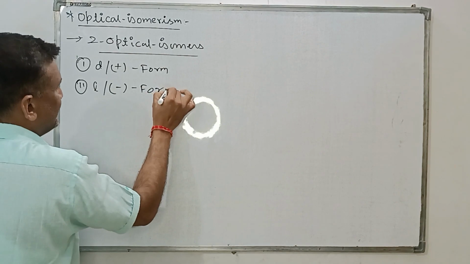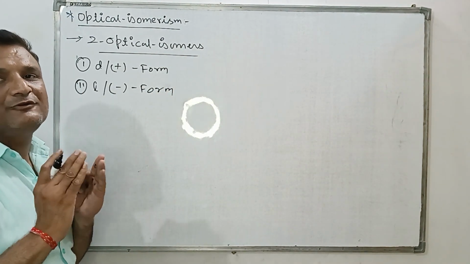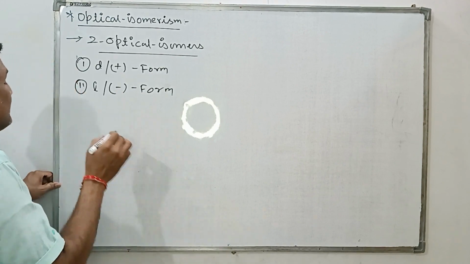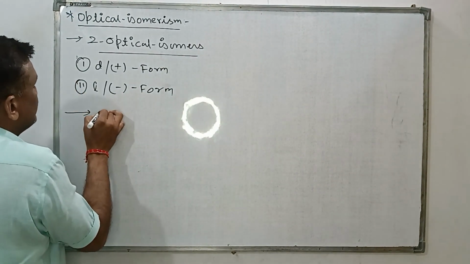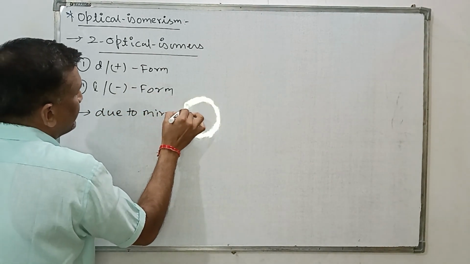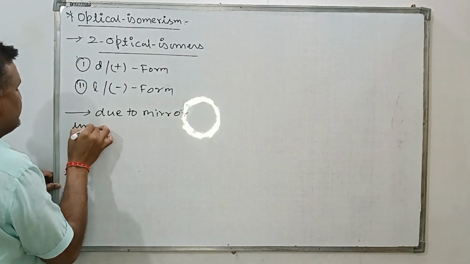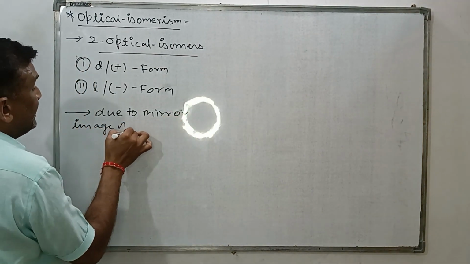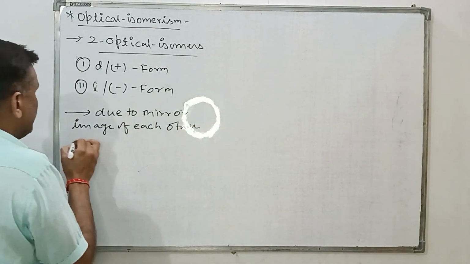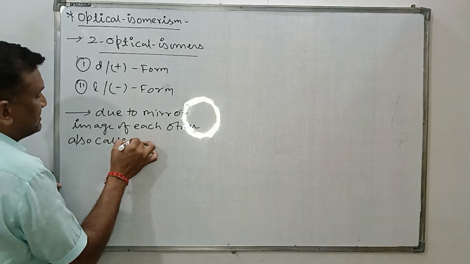So there will be two isomers regarding optical isomerism, one D and another L. Both are also known as mirror images of each other. These are also called enantiomers.